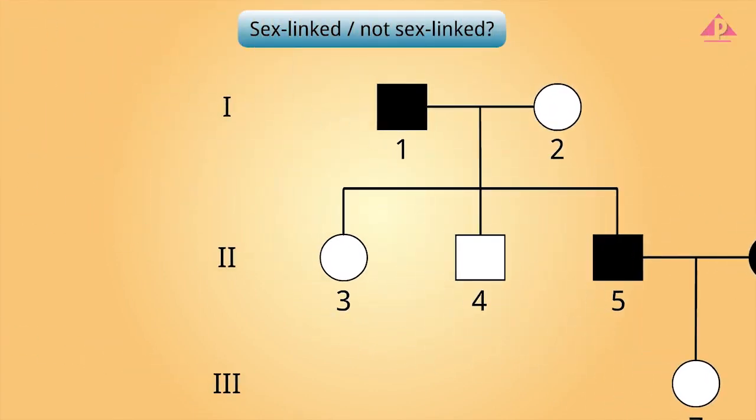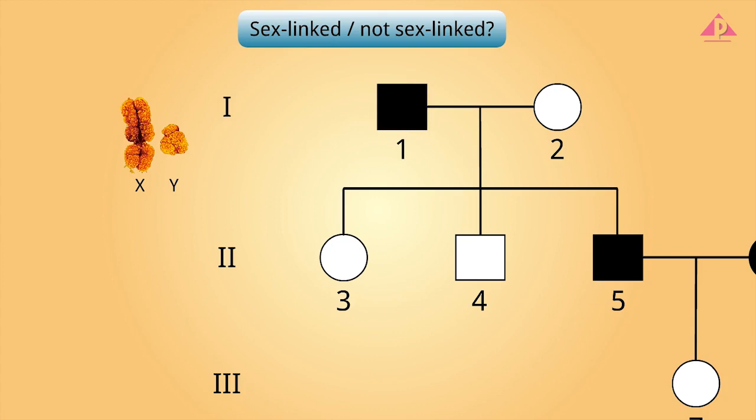Now, we can work out whether or not the allele for bent little fingers is sex-linked. This means the allele controlling the trait is located on the sex chromosome X or Y. Individual 1 has bent little fingers.